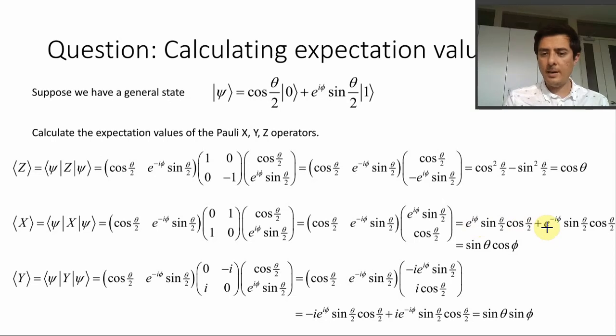That term there should be a cosine, yes, cosine phi. And then we can use our trig identity, the double angle rule, to get this to be sine theta. And for y, you get something similar to the x, except you have an i here with an extra minus sign.